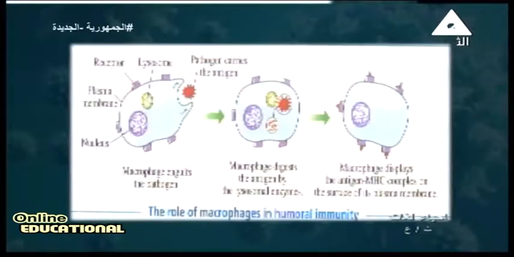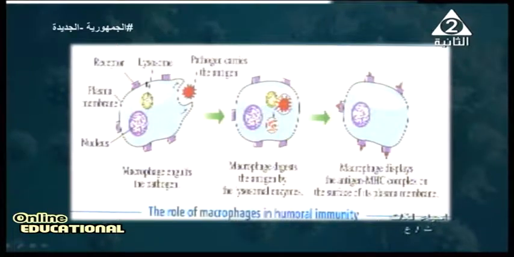Now we are going to see what happens in this figure: the role of the macrophage in humoral immunity. This slide shows what we said in the last slides. Number one, this is the macrophage. This is the lysosome. These are receptors, found on the outside of the macrophage. What happened to the pathogen? This is the pathogen which carries antigen.